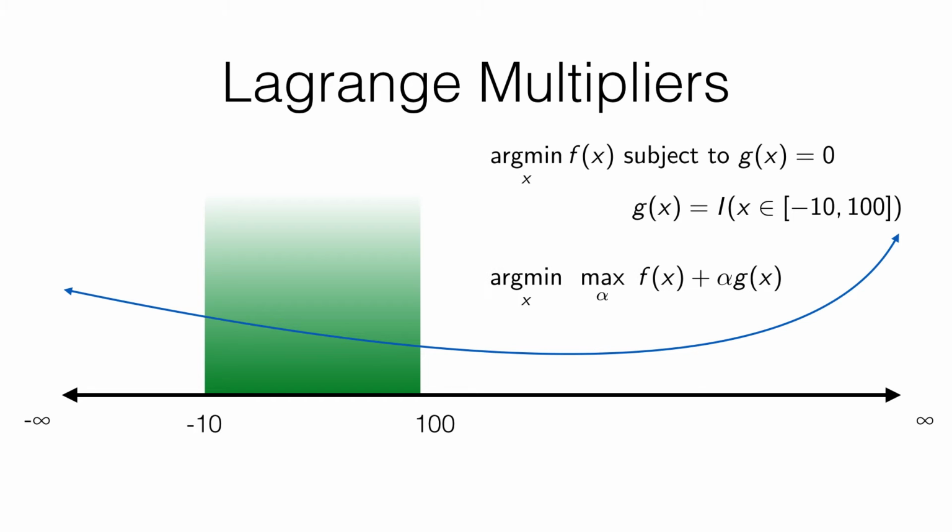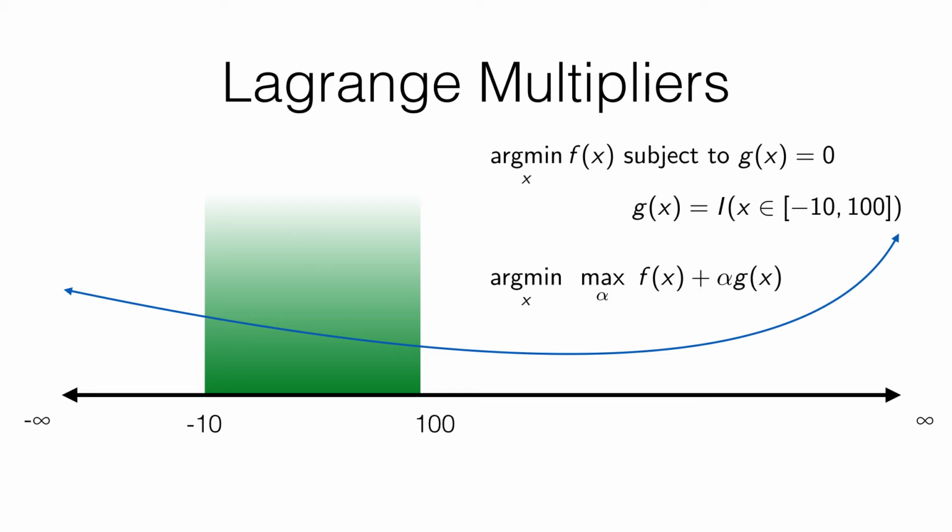Here's how we change this into a Lagrange multiplier expression. We're still doing a minimization over the variable x, but now we also have a maximization over some other variable alpha, and this alpha is the Lagrange multiplier. Alpha multiplies the constraint function g, so we have f of x plus alpha times g of x. If we think about this objective function, it's a game.